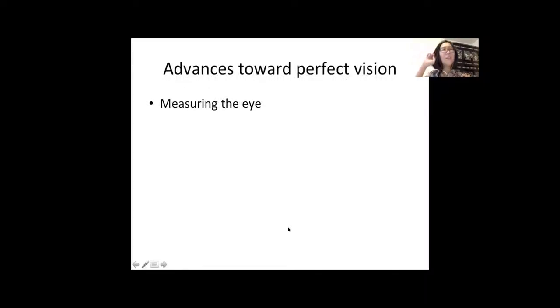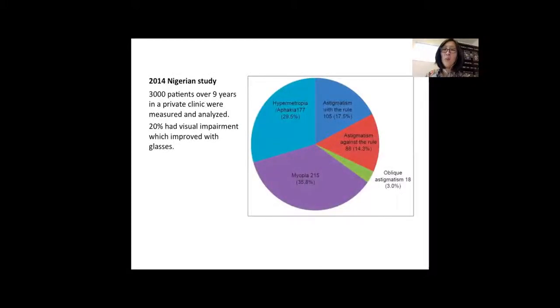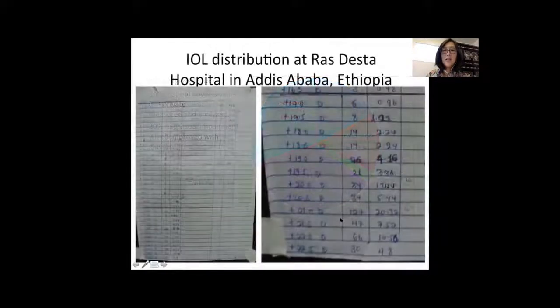Okay, so I'm just going to talk about the advances in biometry and advances toward getting that perfect 20/20. Measuring the eye, you can see here that there is a very wide variety of refractive error.